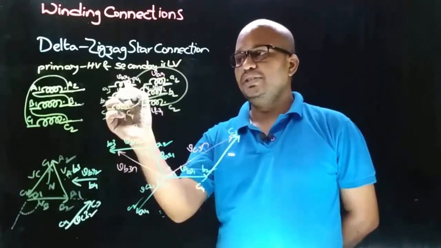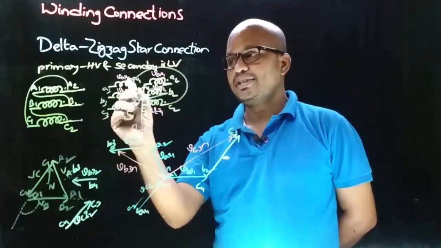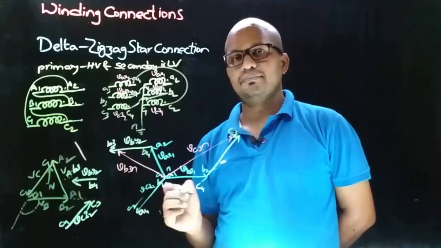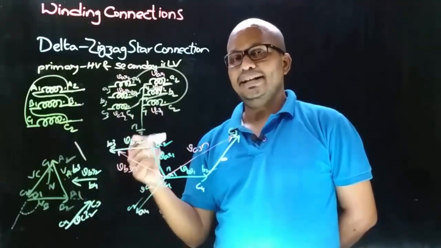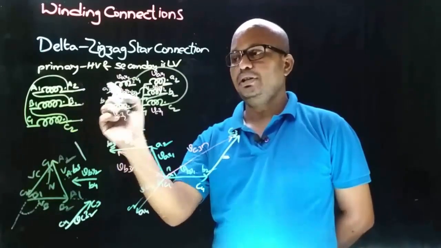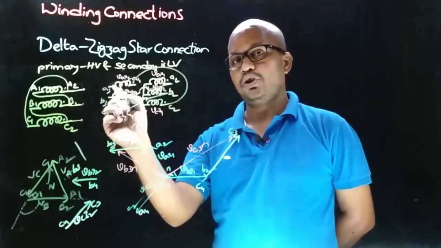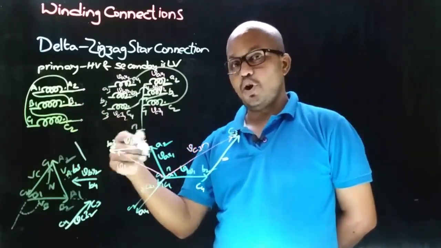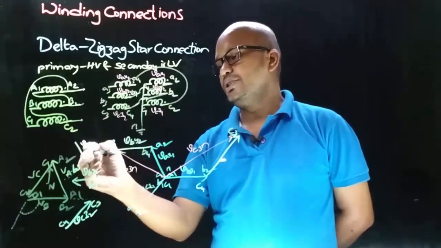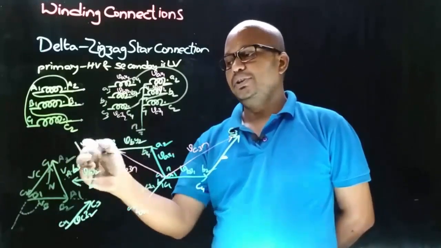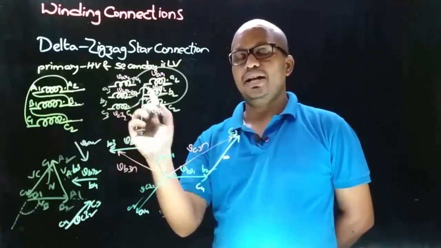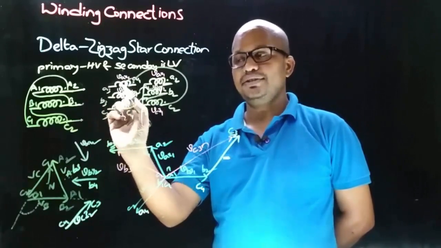That is, we need to draw the VA-X2 phasor. So let's draw the secondary side VA-X2 phasor parallel to the primary side VA phasor, somewhere here like this. And now we need to decide the direction of the VA-X2 phasor. Observe that here the primary side consists of the dot end and the secondary side consists of the non-dot end, meaning the secondary side phasor direction is opposite to the primary side phasor. So the direction of VA-X2 is like this. And now we need to decide the terminals of this VA-X2 phasor. The terminals are A3 and A4, and they consist of the non-dot end, that is A3.